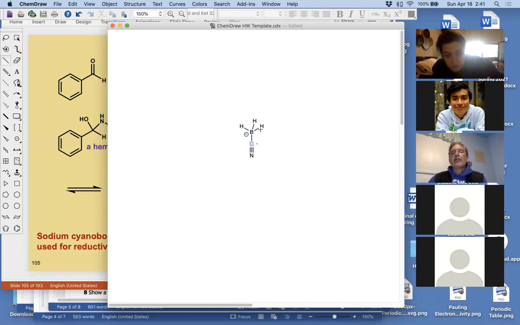As a result, the hydrogens are going to be less electron rich. So the effect of the cyanide is to make the boron, in effect, more electronegative and not give as much electron density to the hydrogen. So these hydrogens have a much smaller hydride character. It makes it a weak reducing agent, much weaker.